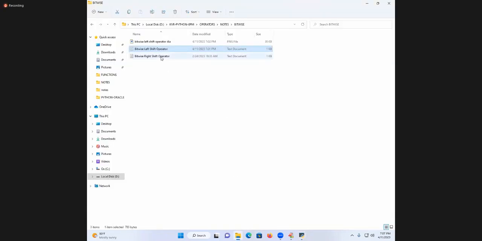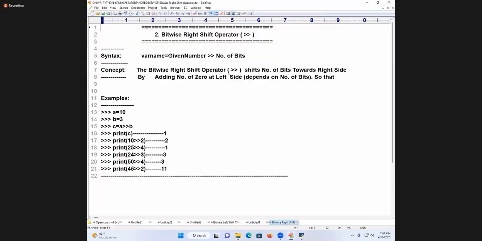Now I am going to apply the right shift operator. I am going to show you. Try to read out the right shift operator. Come on, everybody. Bitwise right shift operator: variable name is equal to given number double greater than number of bits.